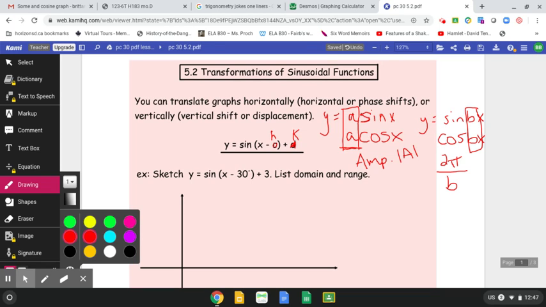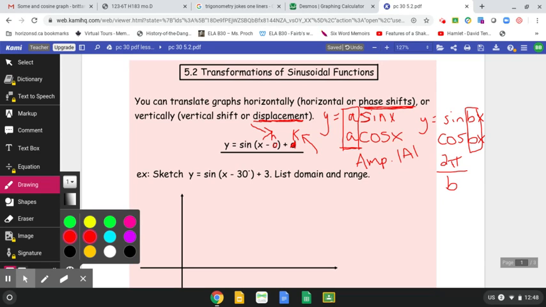H deals with horizontal translations, and K's deal with our vertical translations. Vertical shifts are also called displacements, and horizontal shifts are also called phase shifts, just as some extra vocab for you.